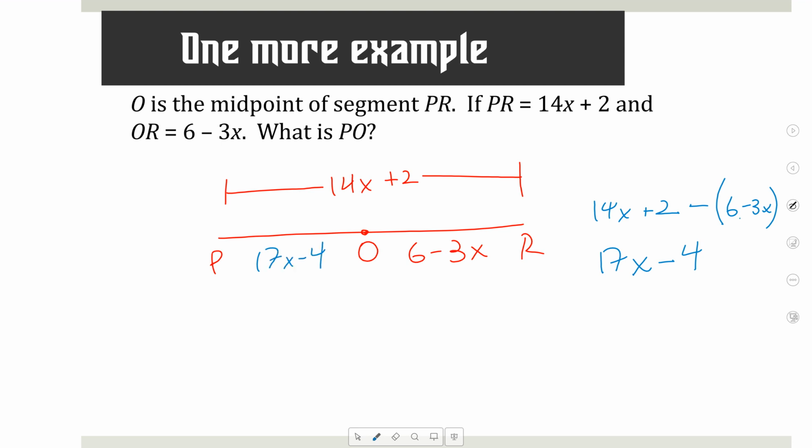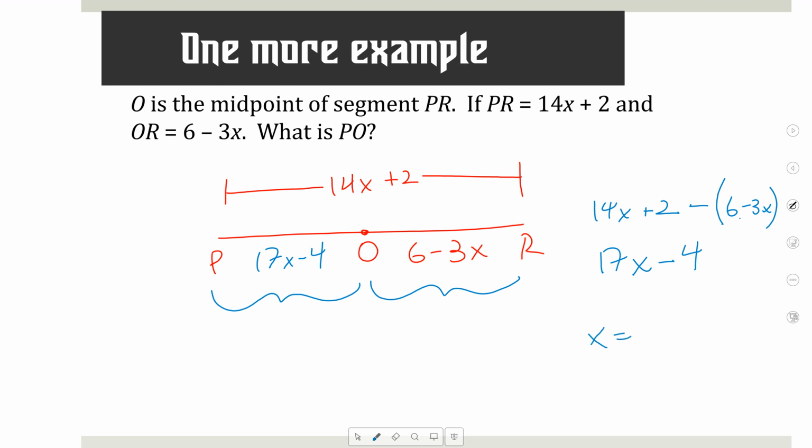Be careful with your parentheses there. Which then means these two halves have to be equal. Set 17x minus 4 equal to 6 minus 3x. Go from there. You'll get the same answer. All of that gets us to the same value of x, which is 1/2.